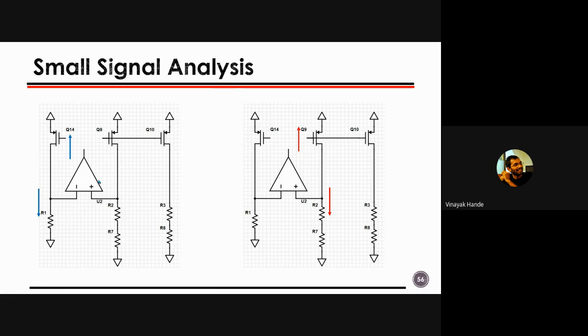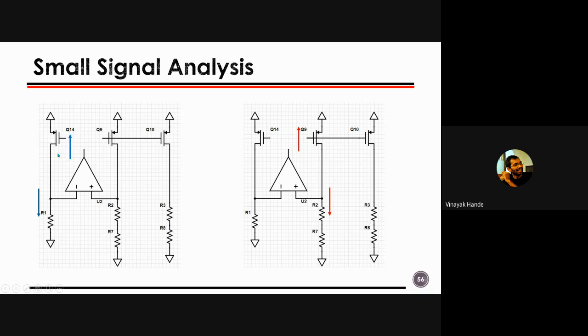Then we'll understand how it is happening. For studying the loop, generally we break the loop and study it, right? First I'll see the left hand side. I'll increase the gate potential by some delta V, right?